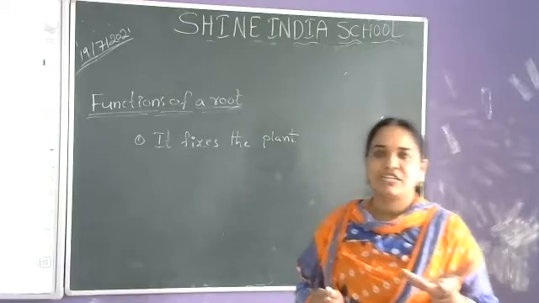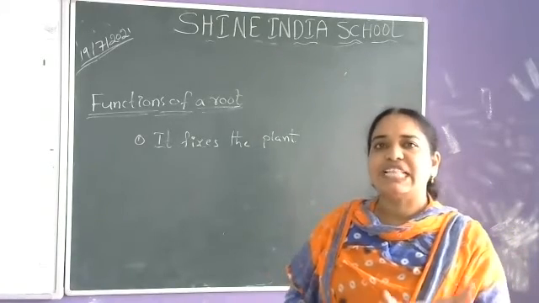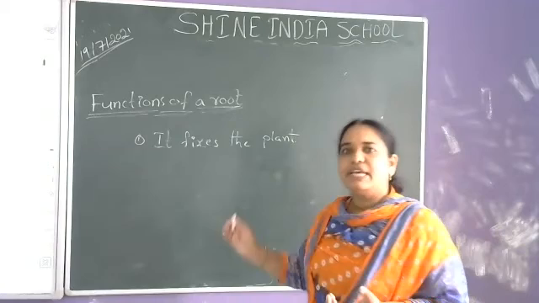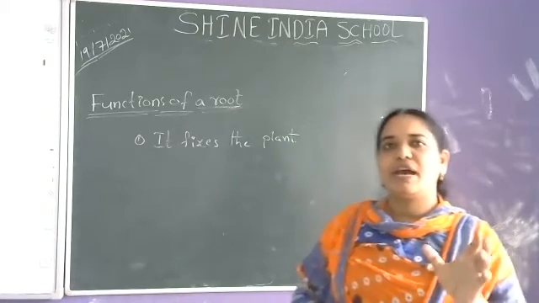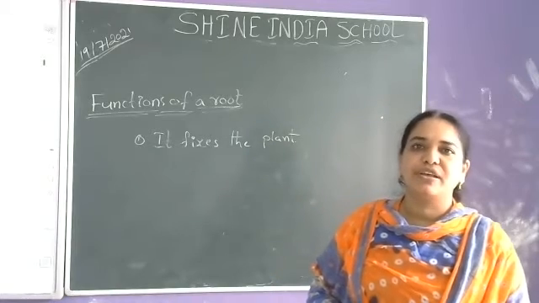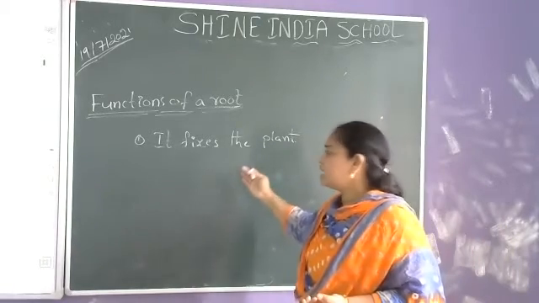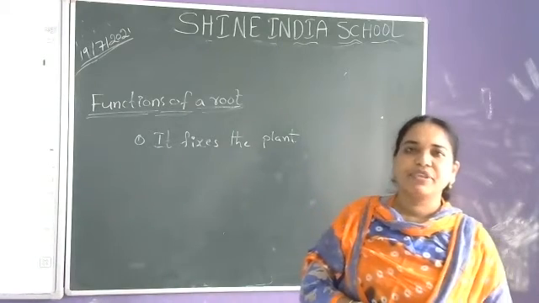How the plant stands strongly is because the roots fix the plant inside the soil. With that the tree or plant stands strongly and straight. So the first function is it fixes the plant in the soil.